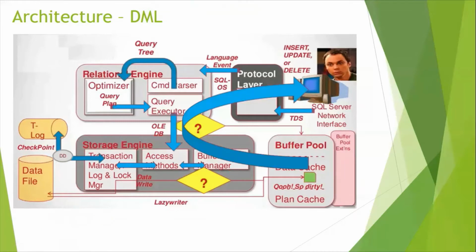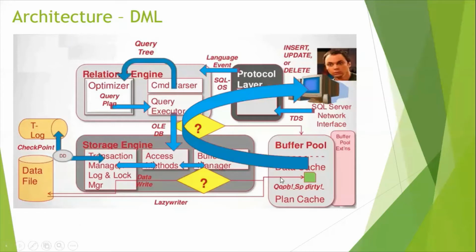These pages will be available in the data cache until we restart the SQL instance, or until we run DBCC DROPCLEANBUFFERS or something. I'll just give you a high-level overview of when the pages will be removed from the cache. But these pages will be stored in memory, that is, in our buffer pool, right?